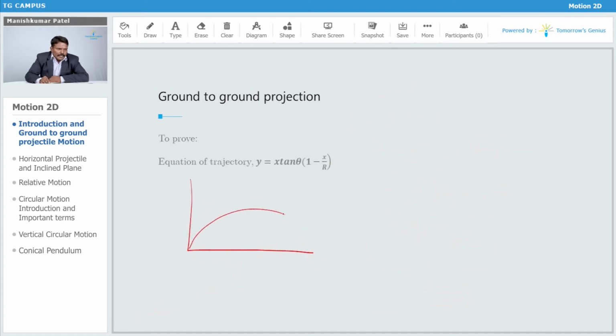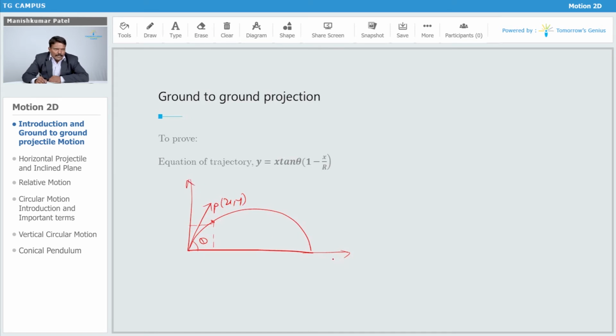Let's say again I am throwing this ball over here, and it is going to perform projectile motion. Let's say P is equal to x comma y. This is the point where it has reached, making some angle theta over here. You can consider this as a time also.